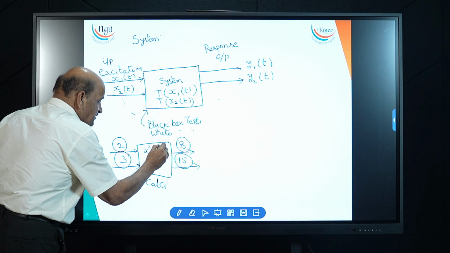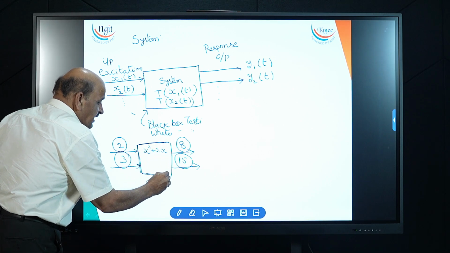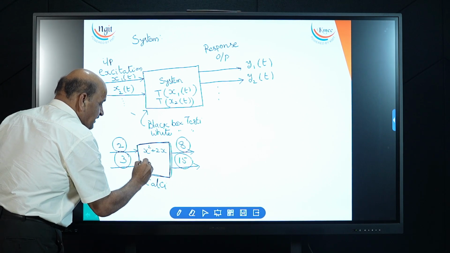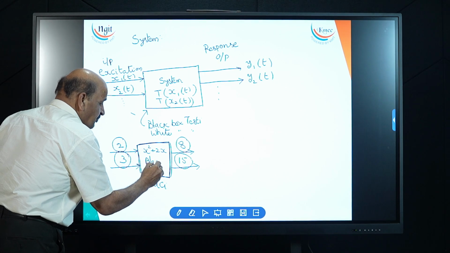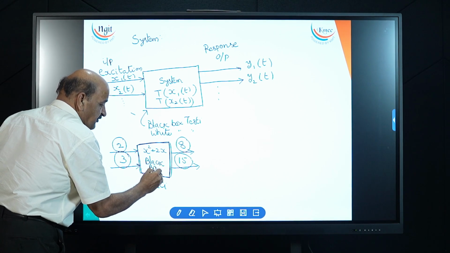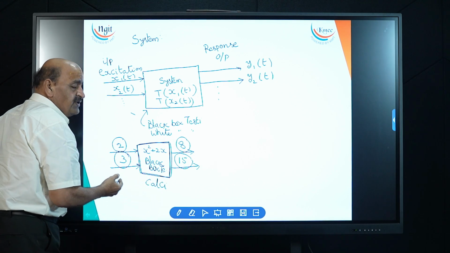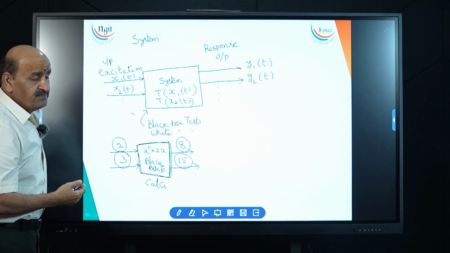How the transformation is going on is within the calculator only. This is called black box testing in software engineering. This is for your understanding purpose only.